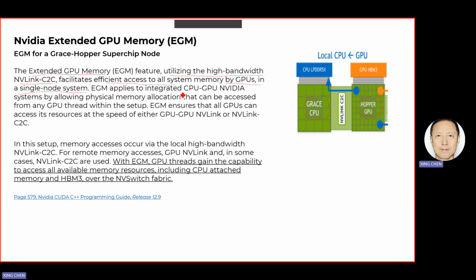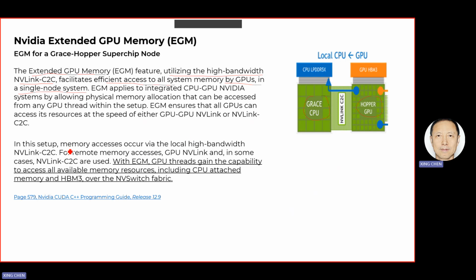EGM applies to integrated CPU-GPU Nvidia systems by allowing physical memory allocation that can be accessed from any GPU thread within the setup. EGM ensures that all GPUs can access its resources at the speed of either GPU-CPU NVLink or NVLink C2C.